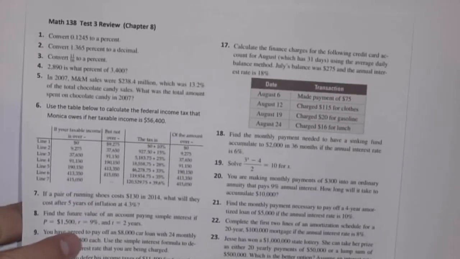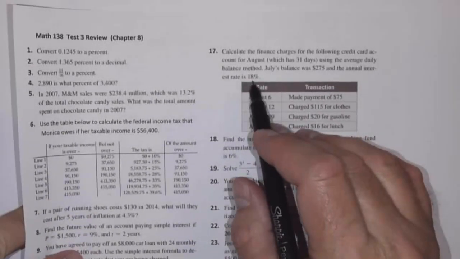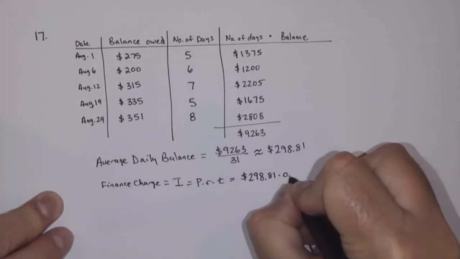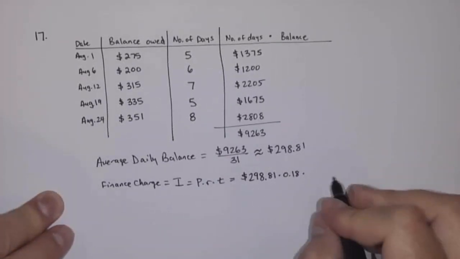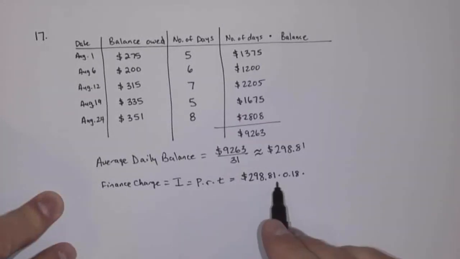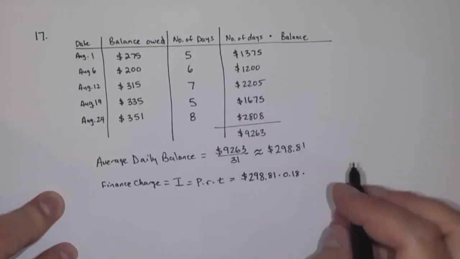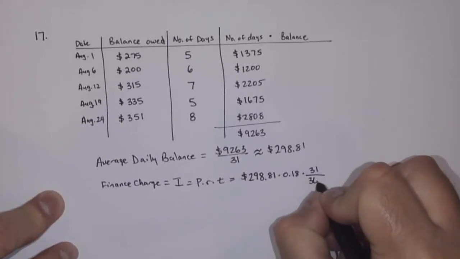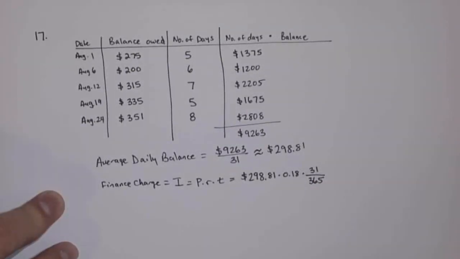If I bring back in number 17 here, our interest rate is 18%. So times 0.18 times time. Now in this case, this is 31 days out of 365 days. So we're going to write that as a fraction of a year.